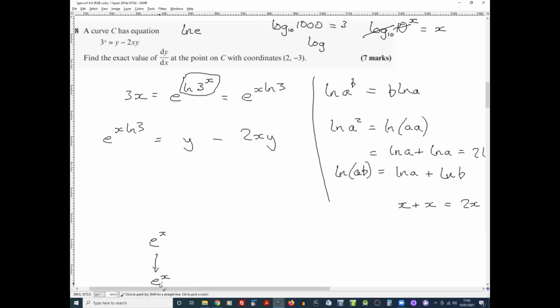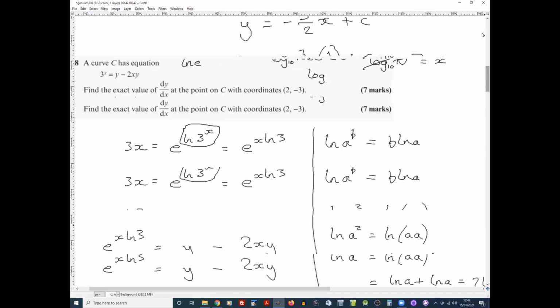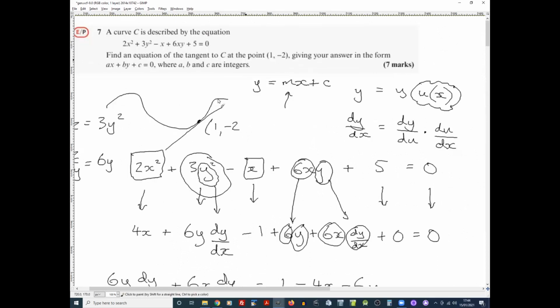That's why it's worth having a number e. It's so remarkable. In general, 2 to the power of x, 3 to the power of x, and so on, look basically like that graph. When you differentiate, you get a gradient function.